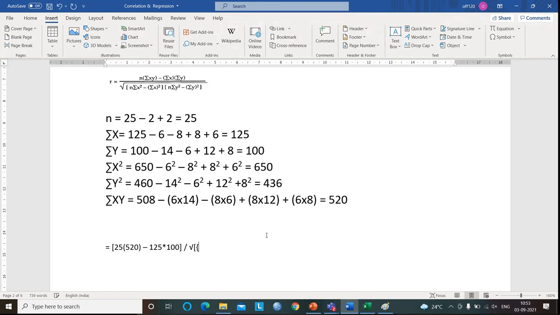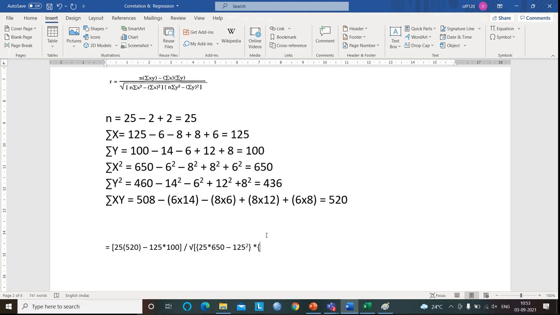Within the brackets, n into x square: n is 25 into summation x square is 650 minus summation x whole square. Summation x is 125 whole square. So this is our first expression.